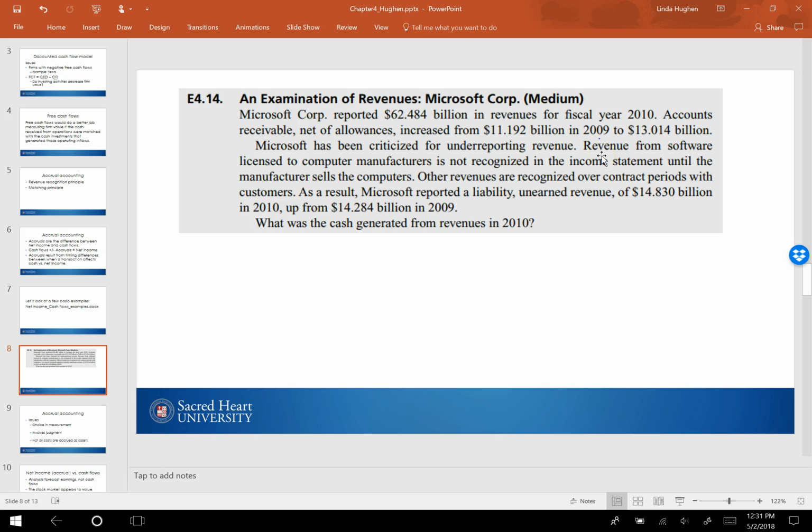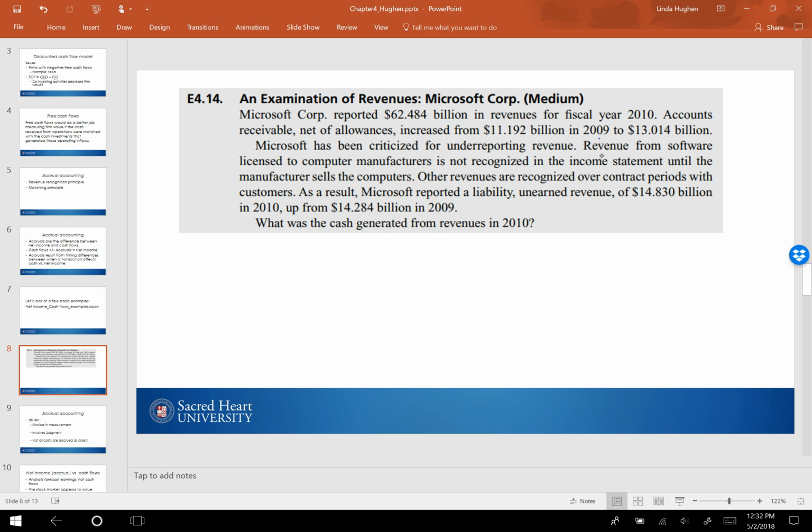Next, let's look at a really basic example taken from the back of Chapter 4. This is E4-14. Microsoft reported $62.484 billion in revenues in the year 2010. Accounts receivable increased from $11.192 billion in 2009 to $13.014 billion. Microsoft has been criticized for underreporting revenue.